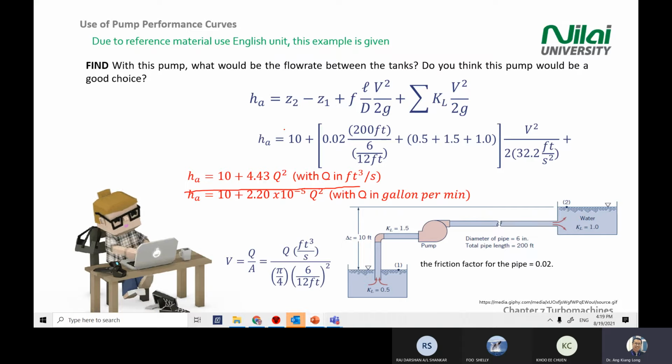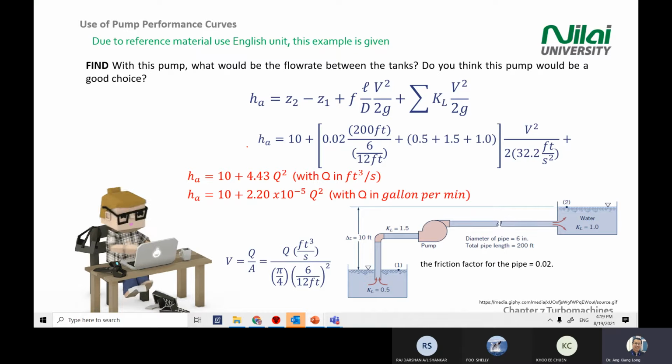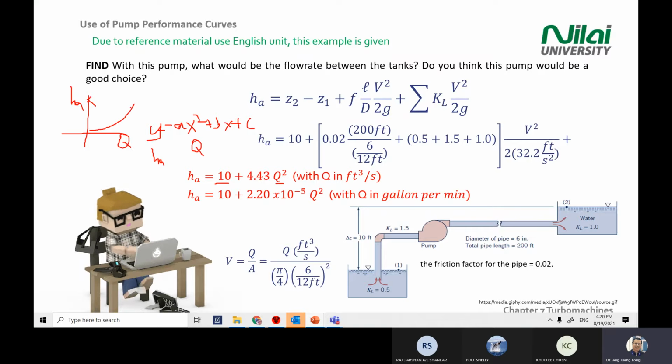If you're using SI units, then there will be a different constant value in front of Q. But anyway, the idea is to show you that you can put your HA in terms of Q and parameters. This gives you a y equals ax squared plus bx plus c equation that allows you to plot HA versus Q. So you will get a polynomial graph by rearranging the equation from the energy equation just now. Later you need to plot this inside the manufacturer graph.